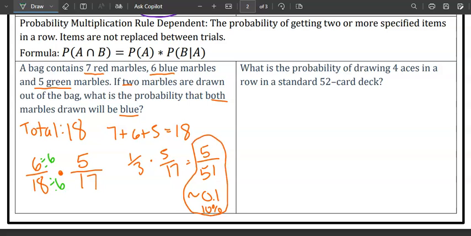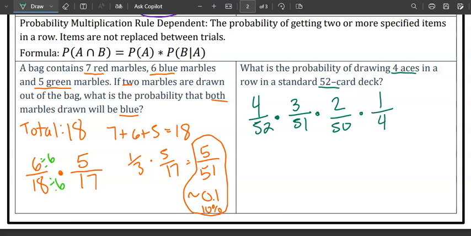What is the probability of drawing 4 aces in a row in a standard 52-card deck? There are 4 aces in 52 cards. If we drew one, we then have 3 out of 51, and then 2 out of 50, and then 1 out of 49. We can simplify these.